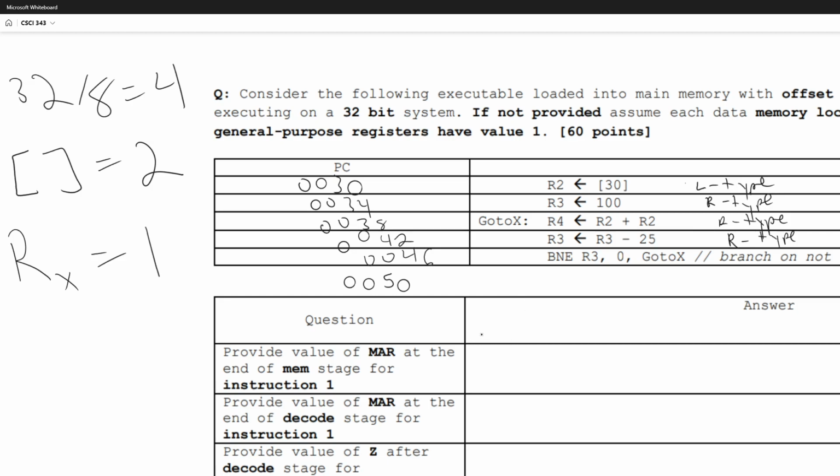Okay, so L-type has all the 5 stages: fetch, decode, exec, mem, and write back. So at the end of this stage, nothing changes from the exec stage, so it still should have the address where we need to put the data in, which is 30. So this should just be 30.